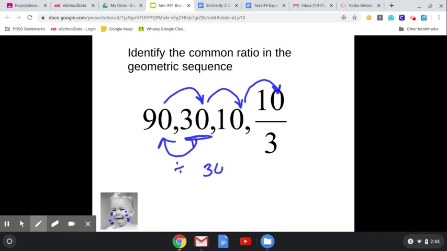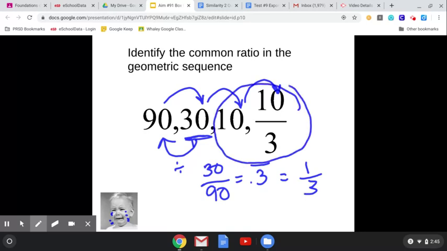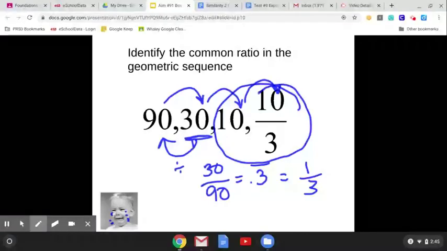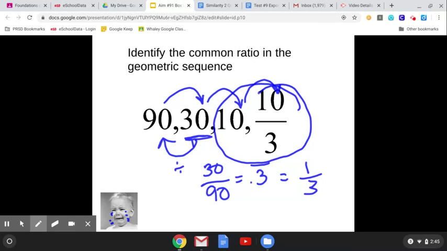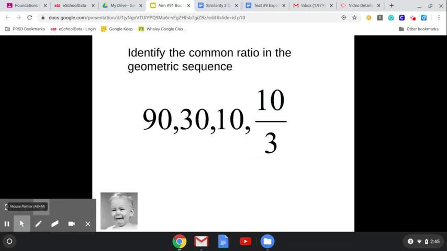So 30 divided by 90 gives me 0.3 repeating, or 1/3 is my common ratio there. Kind of obvious to see right here on this one. I got from 10 to 10 over 3 because I was dividing by 3, so 1/3. Okay, next one.